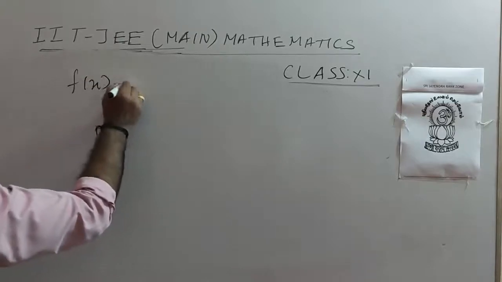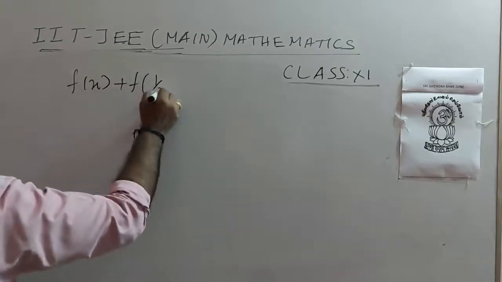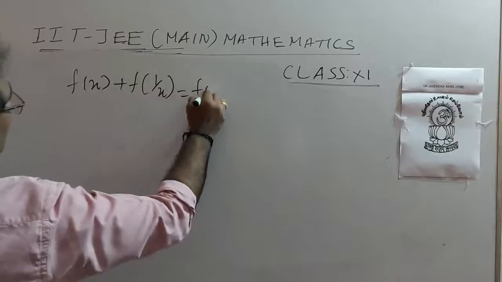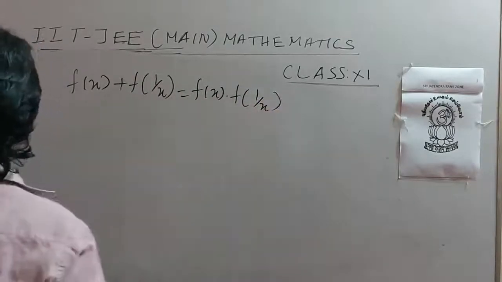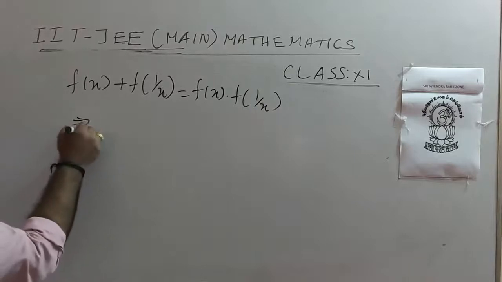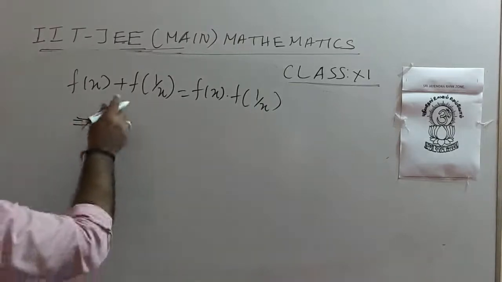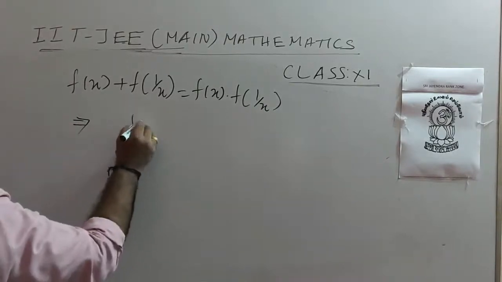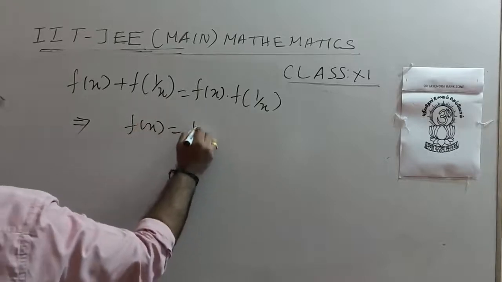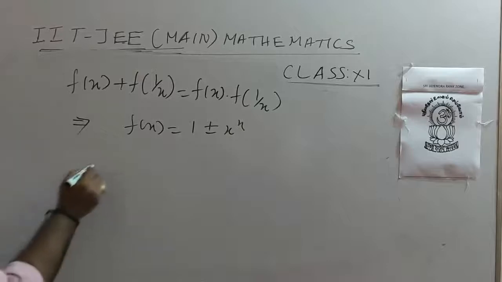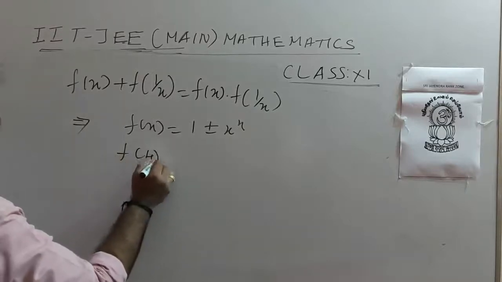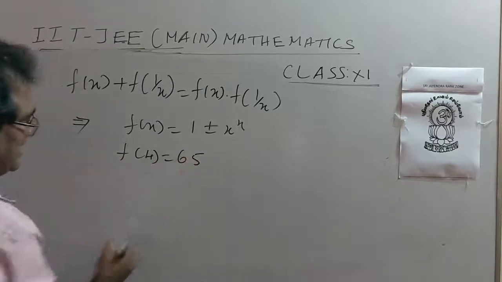So I have given a list of results. One of these is f(x) equal to 1 plus or minus x^n. f(4) equal to 65, that is given.